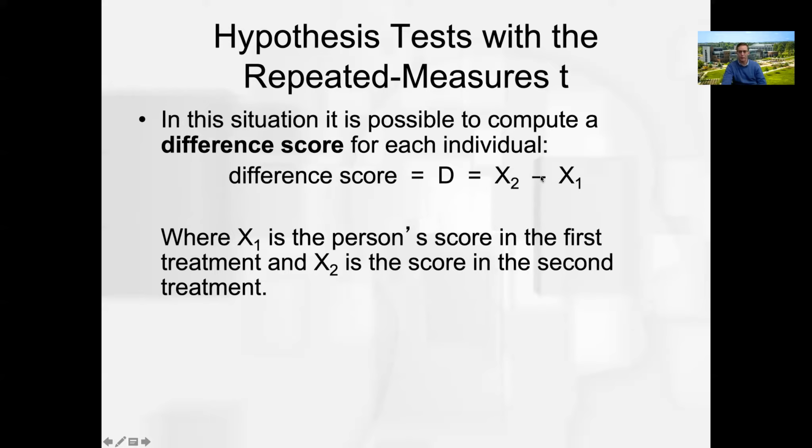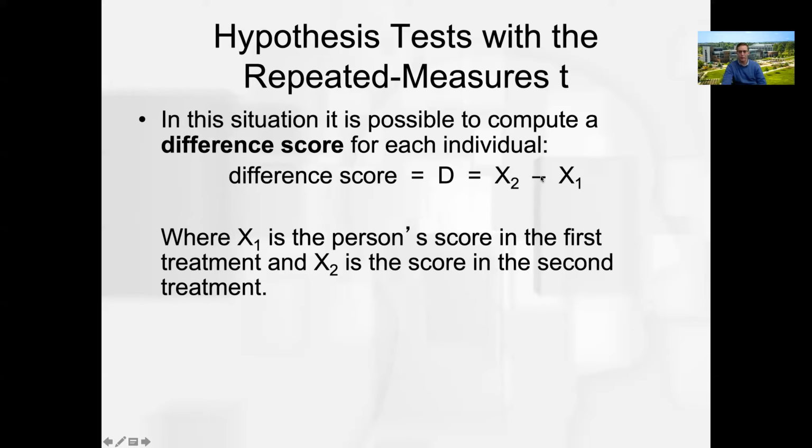This related samples t-test can also be used for what's known as a matched subjects design. And a matched subjects design is where we get two different groups, but we try to select participants for each group that are as close to a perfect match for the other one, right?